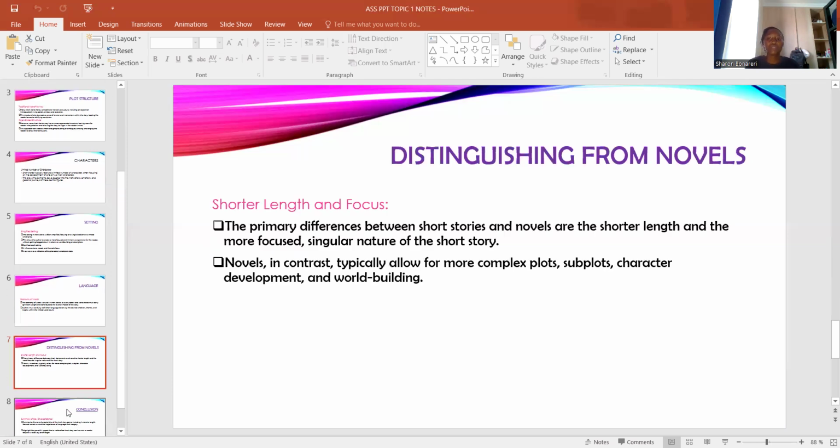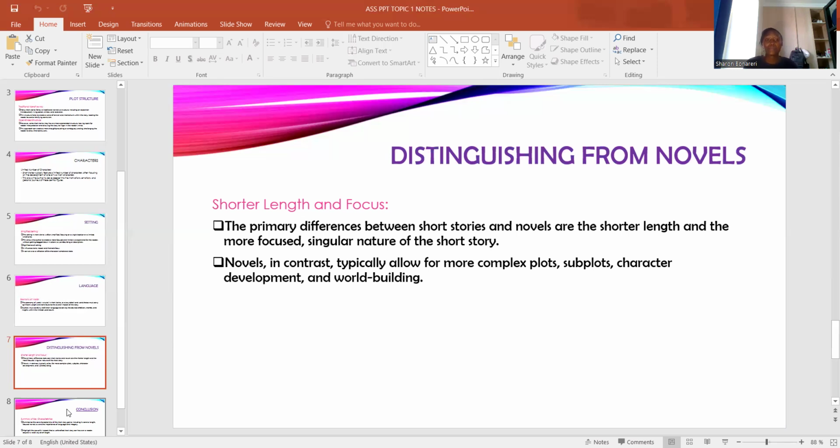So let's distinguish a short story from a novel. What's the difference between the two? A short story has a limited number of words. We just said it's between 1,000 to 7,500 words.